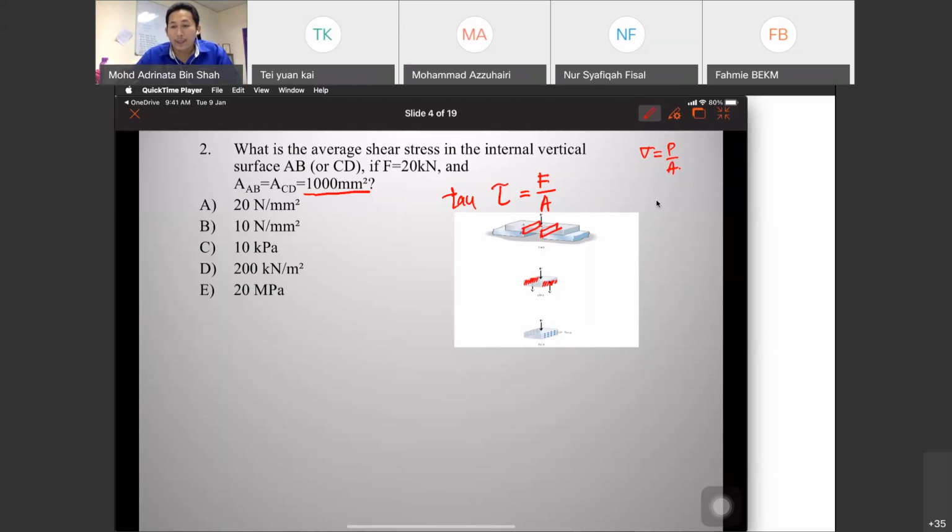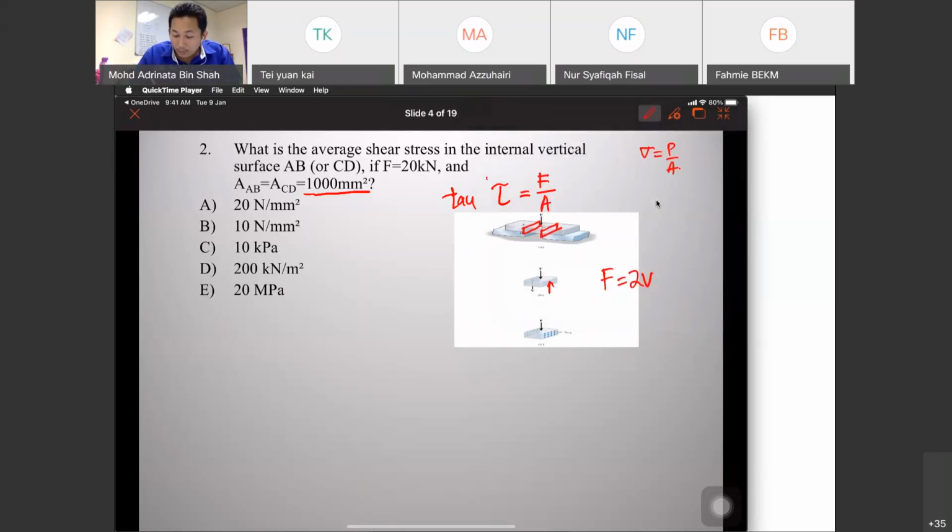Tapi dalam soalan ni, dia adalah double shear. So dia ada dua permukaan. Jadi dia kena ambil dua bahagian. Tapi tak apalah. Kita kena guna F equals to 2V. Okay. V ni sebab dia punya arahnya. Okay.